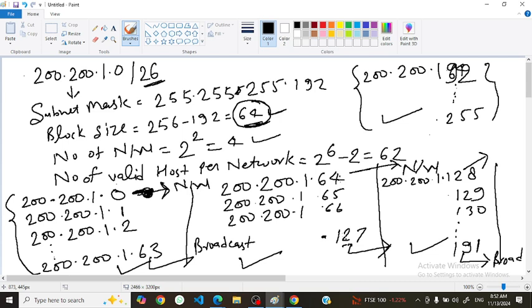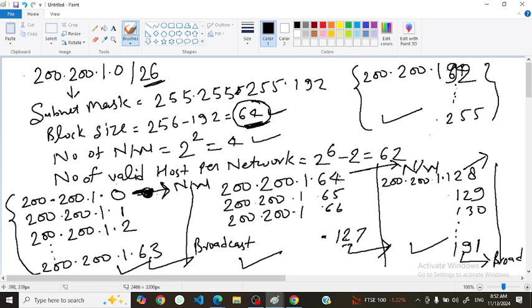Should I move to the next question? Sir, one more time, please. Okay, where are you getting stuck, Lakshman? From the second subnet. In the first subnet, what is the block size? 64.